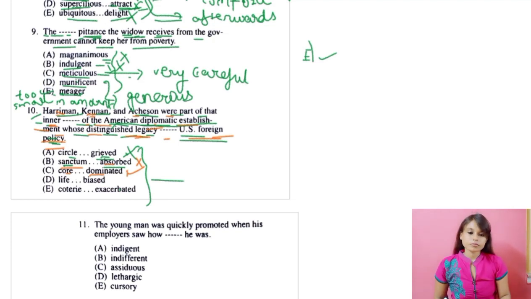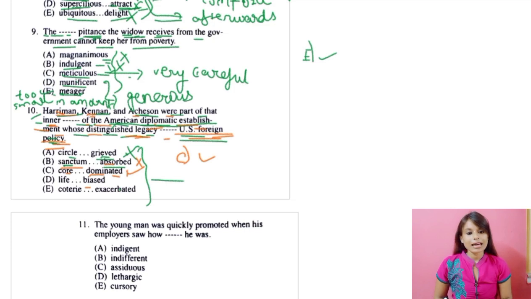So this legacy dominated the US foreign policy. So this is making sense. So we can go with option number C till now. But as I told you, if we find any other better options, then definitely we will go for that. Number D says life and biased.